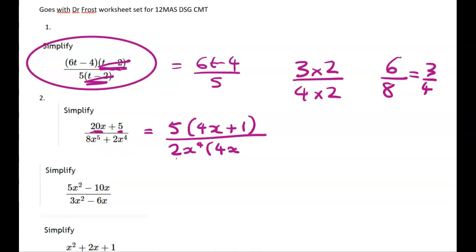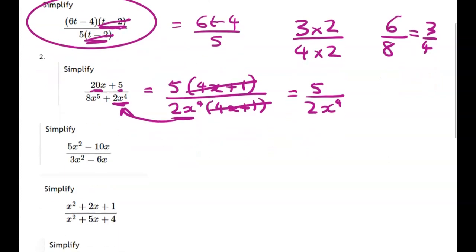And next up, 2x to the power of 4 times what will get me back to that? Well, it's going to be plus 1. A common factor is now really obvious. It's 4x plus 1 here and here. So my final answer is 5 over 2x to the power of 4.